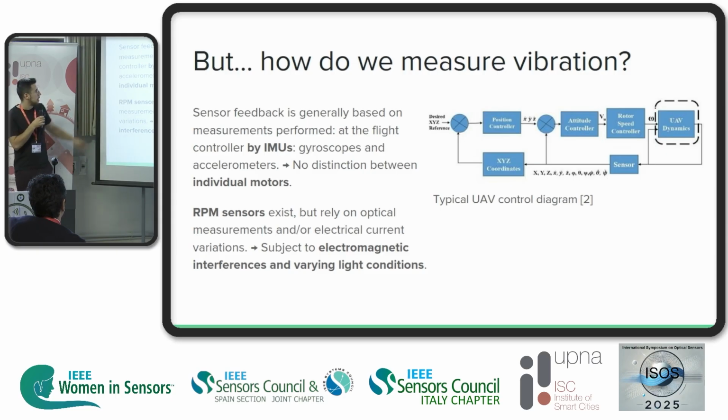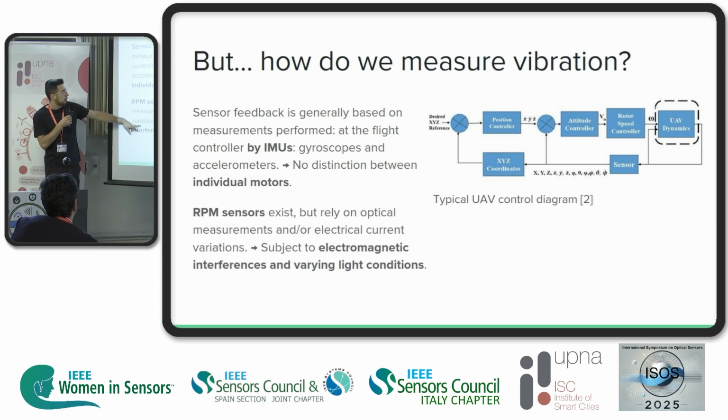As a solution to that, there are some RPM sensors, some speed sensors that can be mounted on individual motors, but they typically rely on optical measurements. You emit a light, you have a reflective tape or something on the motor, and you get the reading for the speed of the motor.